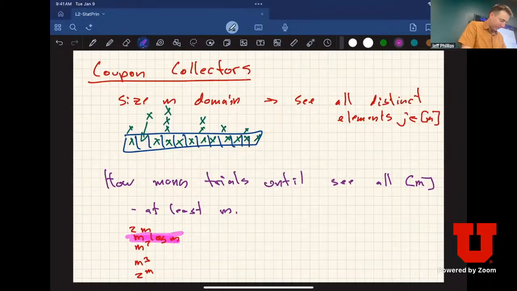So let's see how much. Maybe I'll give a little bit of insight into it, and it's actually the expected value. Pink on red, not a good choice. The expected value is very close to this.